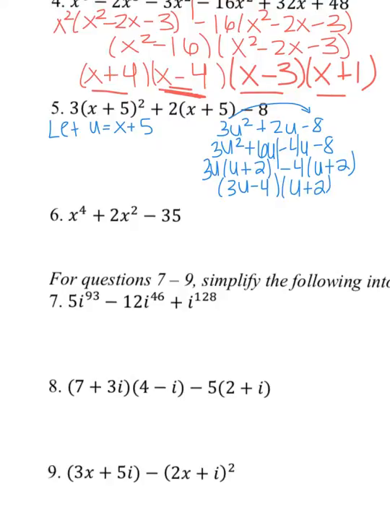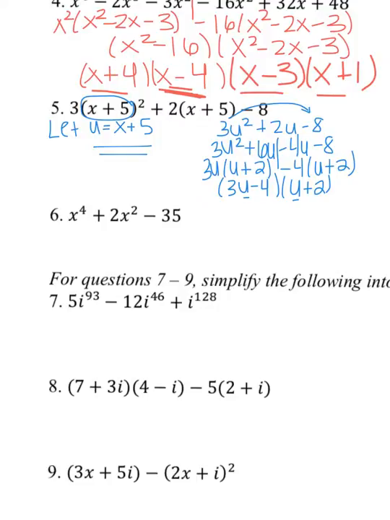The problem with leaving this as my answer is that the question was in x's. So I need to then take the u's that I have and replace them with x plus 5, because that's what u stands for in your let statement.